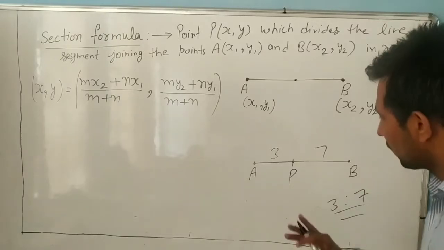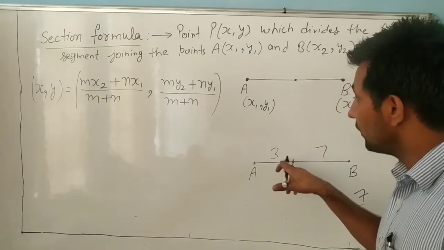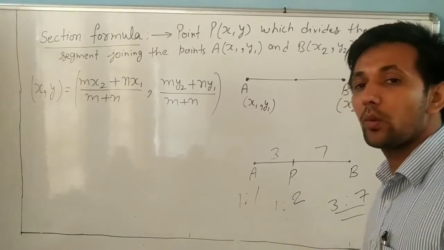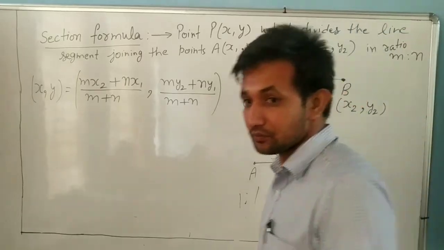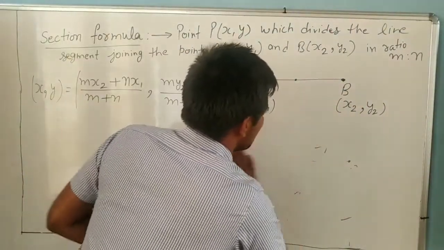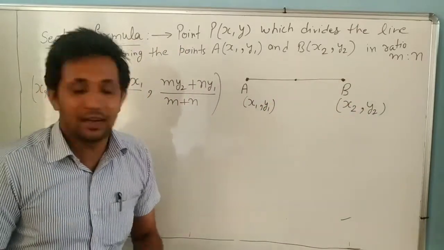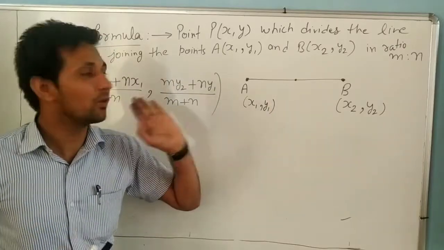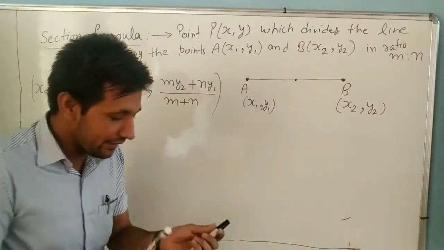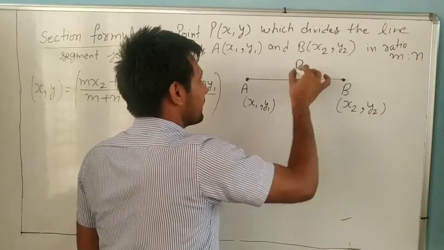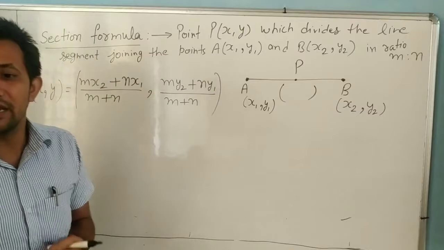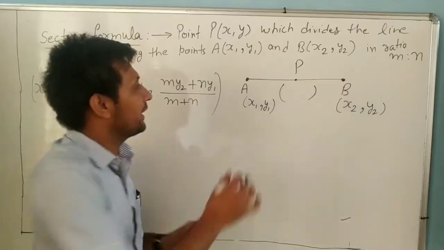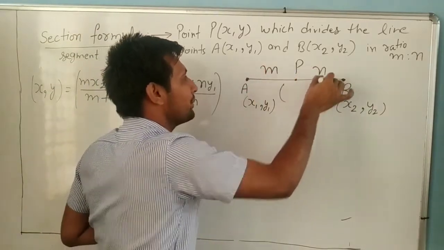But we are not only talking about a point which is dividing 3:7. Maybe it is divided 1:2, maybe 1:1. So we will discuss a general case. Let AB be a line segment, and A has some coordinate, x1, y1, and B is x2, y2, and a point P divides this segment in ratio m:n, because we don't know what ratio.